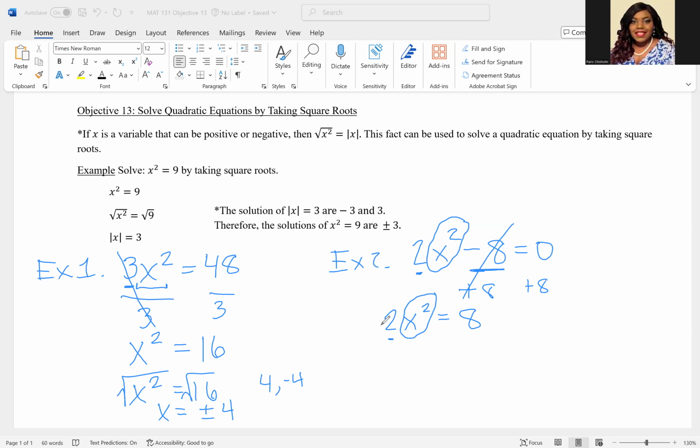So now we can tackle the 2, all right? Since the 2 is being multiplied by the x squared, we can divide both sides by 2 to get rid of that. And we'll have x squared equals, and 8 divided by 2 is going to give us 4, all right? Now that we have x squared equals 4, now we can take the square root of both sides.